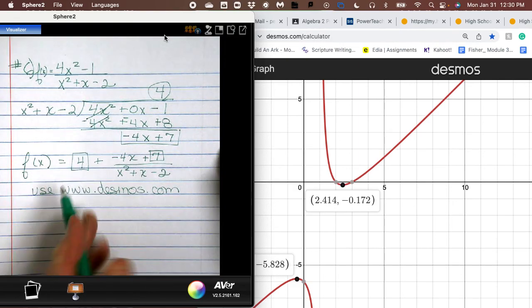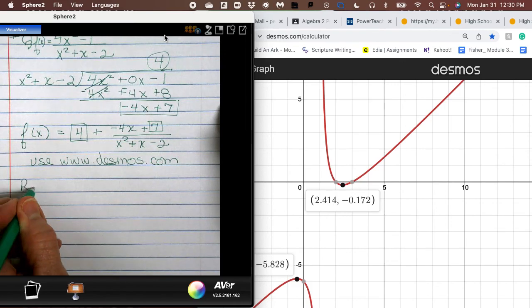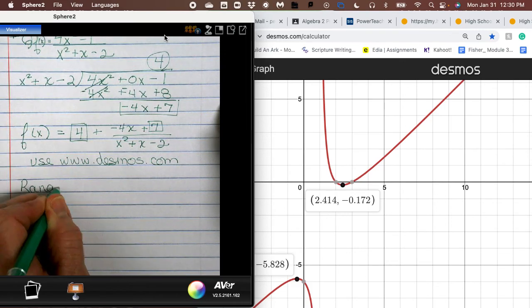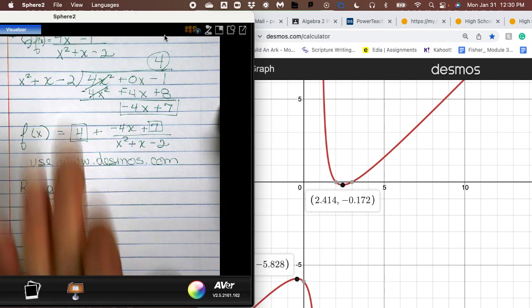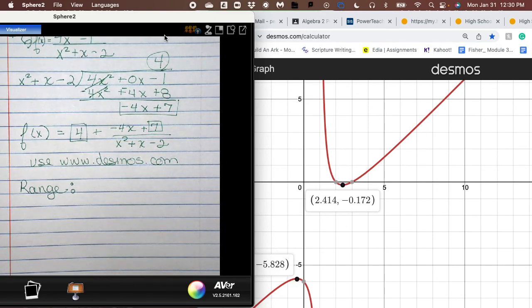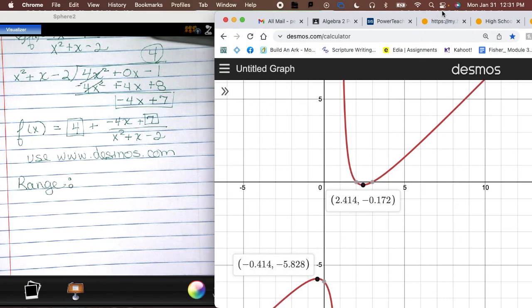And to find the range. So I'm looking for my y values. You enter this polynomial, either the original or the reformed one, and see what the y's are. Let's move this over a little.